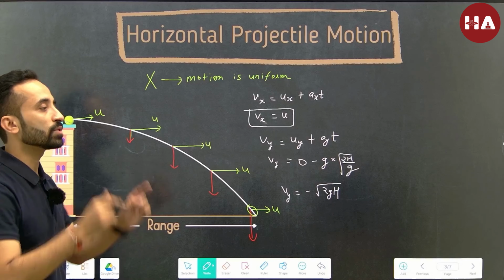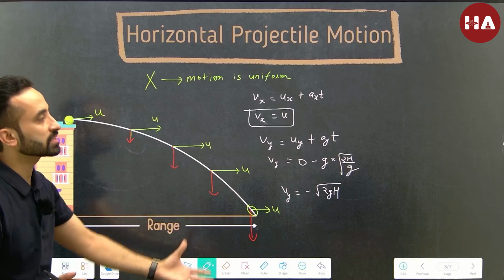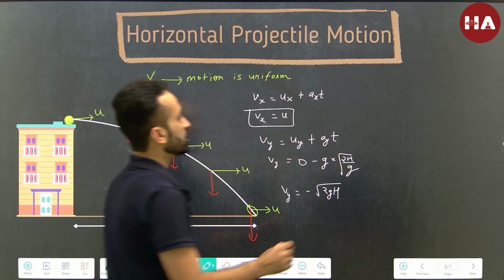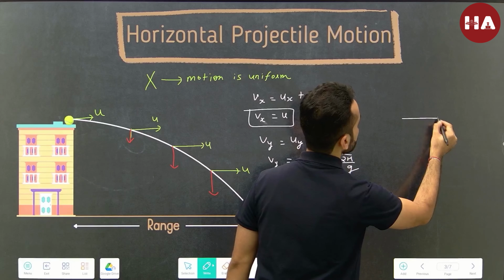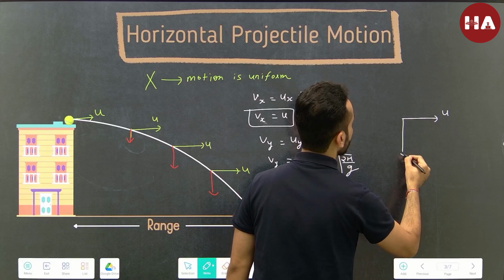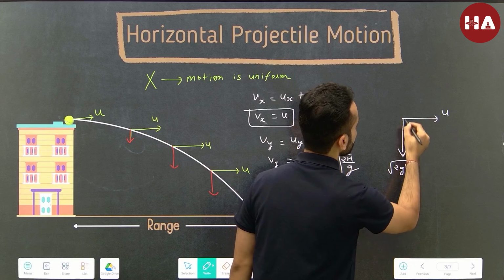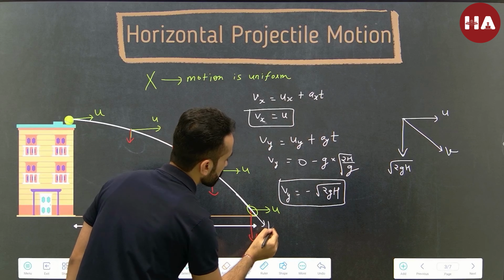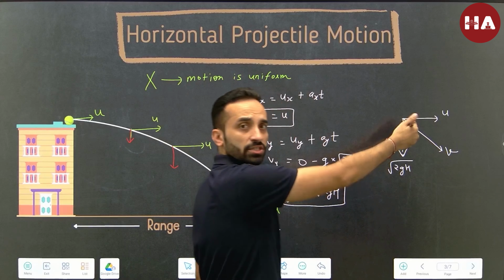It's not that you have to mug up the formulas. I'm again reminding you, you have to understand why we are making this particular choice of equation. So this is Vy, this is Vx. You all know that Vx means in x direction, Vy means in negative y direction. So for the net speed here, we can say that it is going to be vector addition of these two.